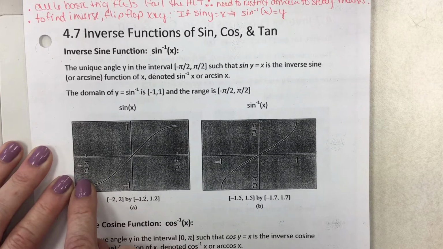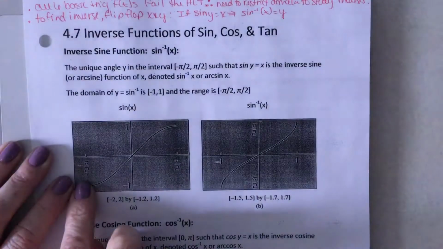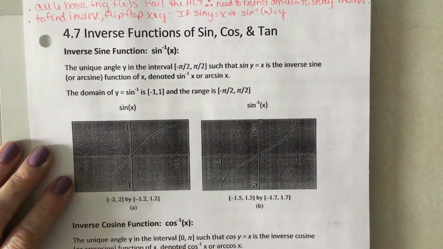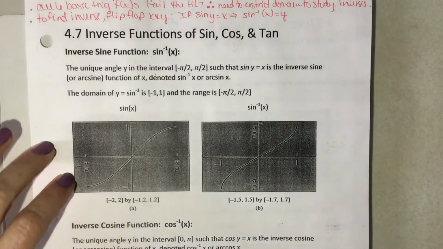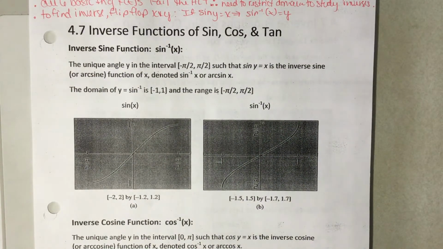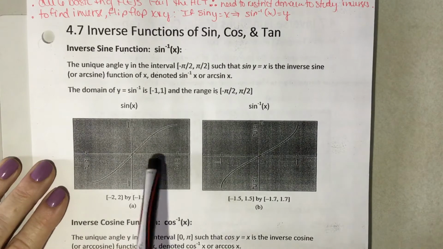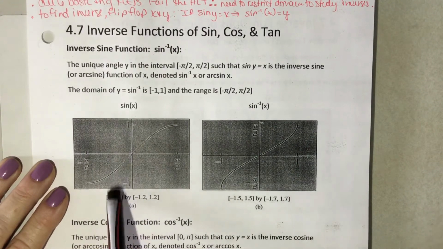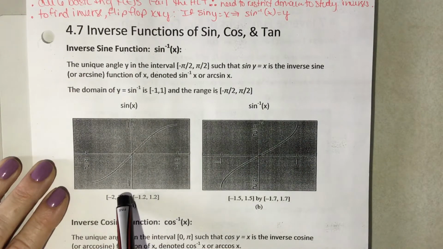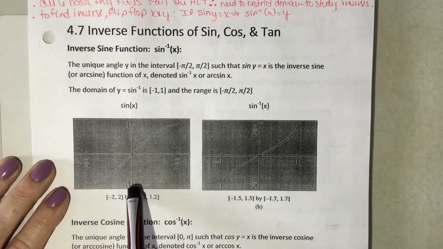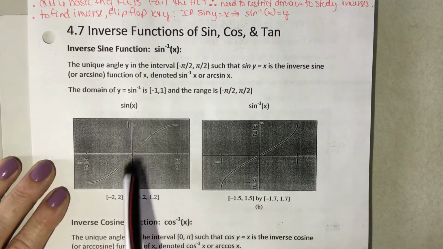And we have a negative pi over 2, and on the line that you did last year, some of you might have done it in radians, others of you might have done it in degrees, but our horizontal is in degrees, okay? So this is our basic parent function, what you guys would have done last year. Seems like yesterday sometimes. So this is our basic parent sine function.